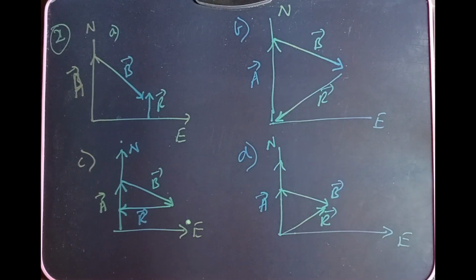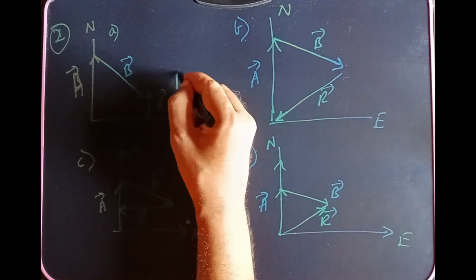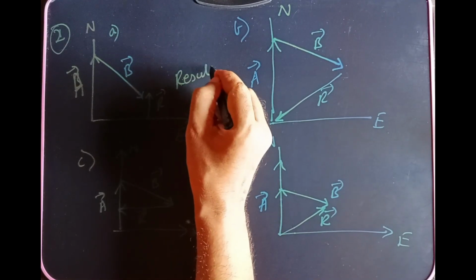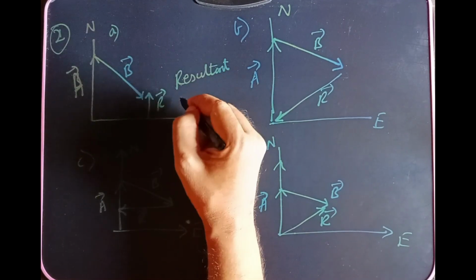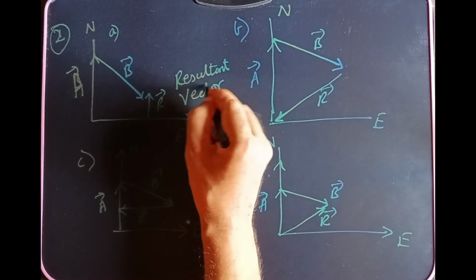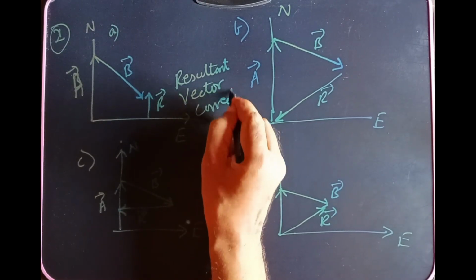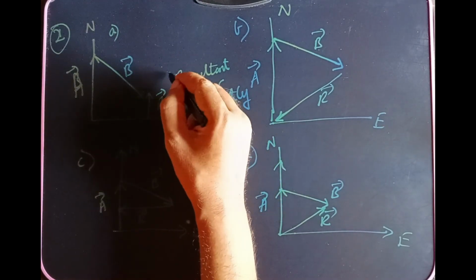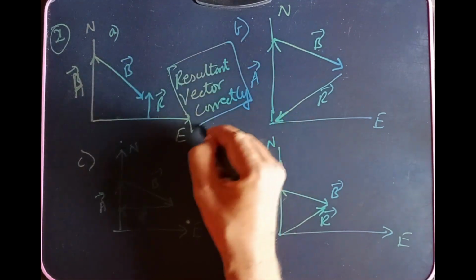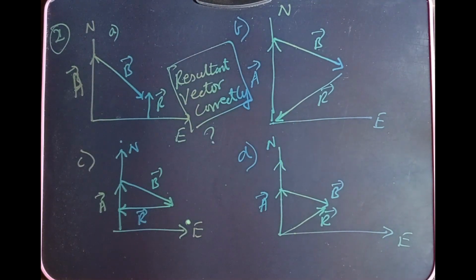So it is asking which of the drawings shows the resultant vector correctly?